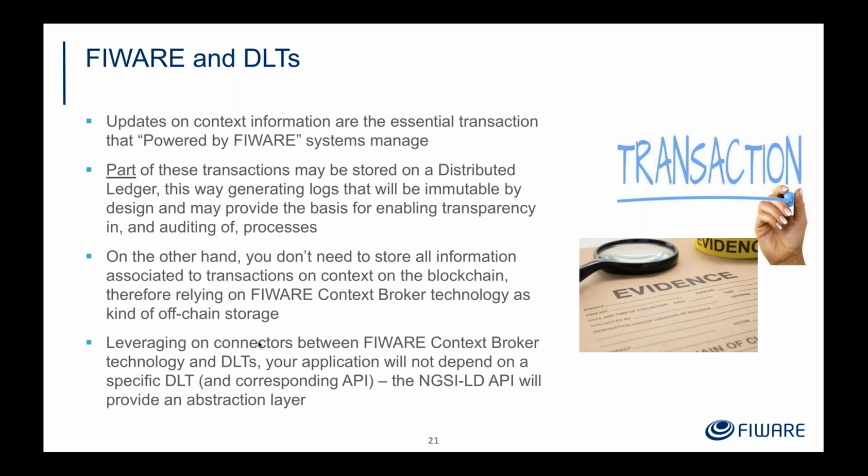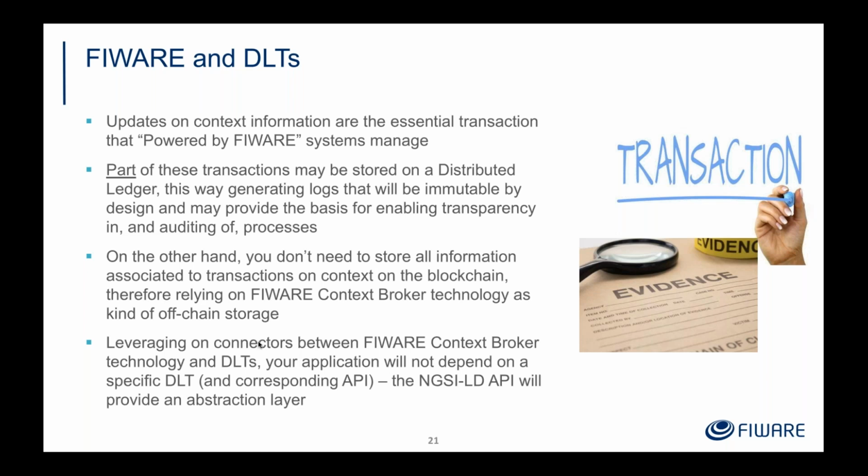That is the update on context on the state of the digital twins. So therefore, in a Powered by FIWARE architecture, there might be part of the transactions that might be stored on the distributed ledger.